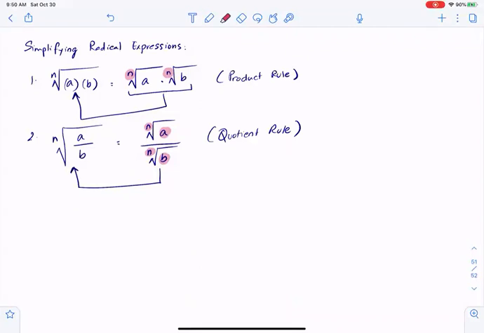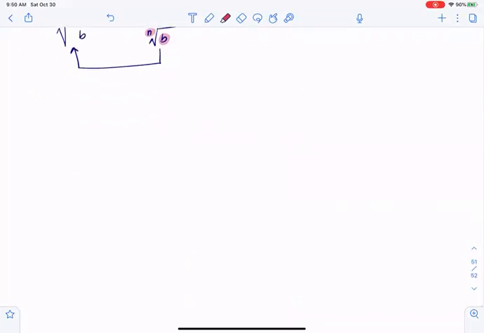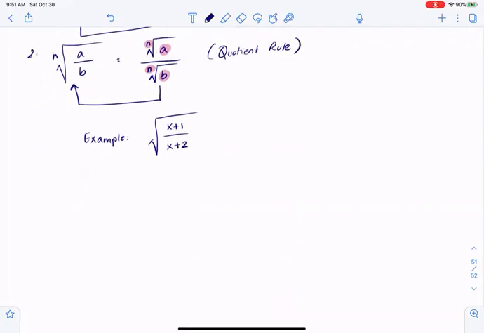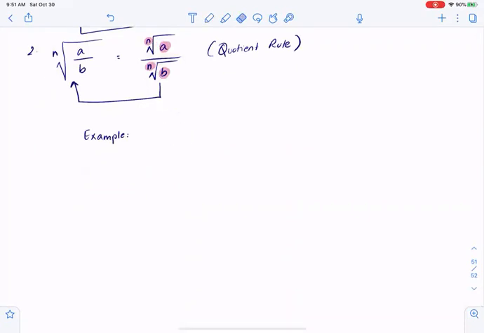So for a case such as this, the square root of x plus 1 over x plus 2, there is nothing wrong with me writing it as the square root of x plus 1 divided by the square root of x plus 2.